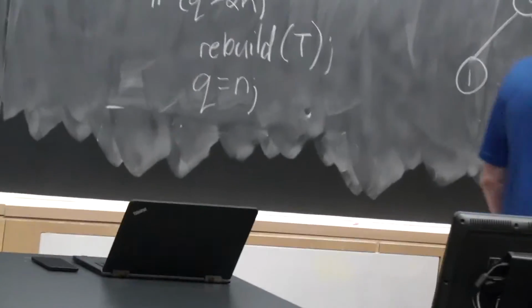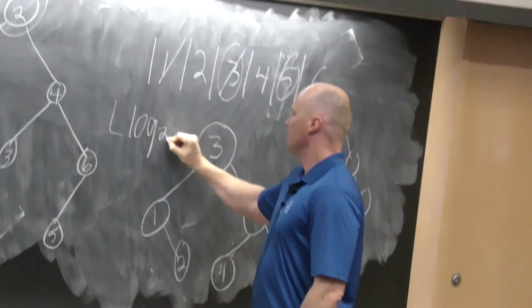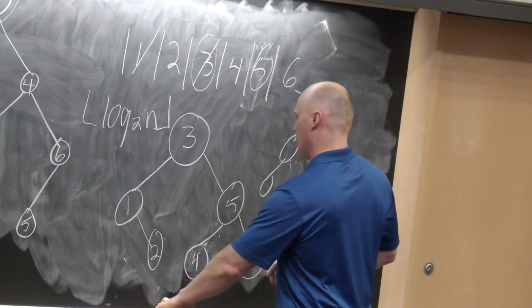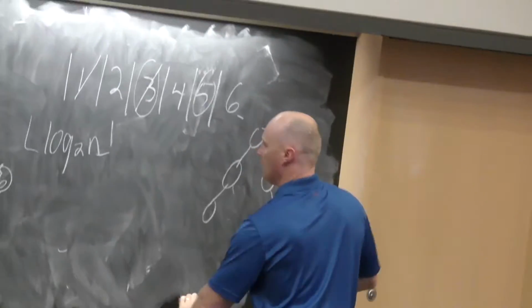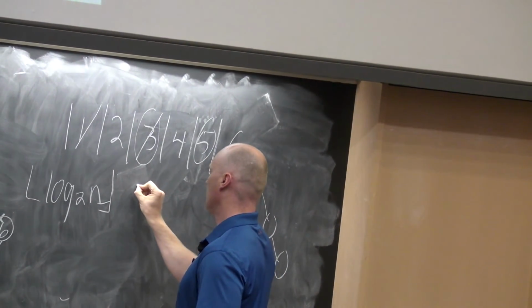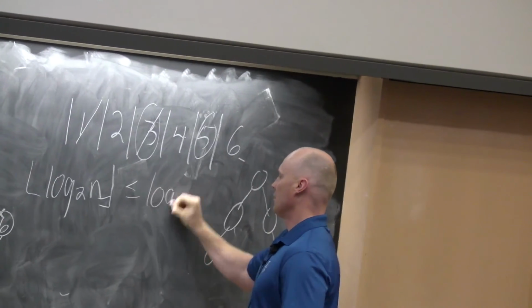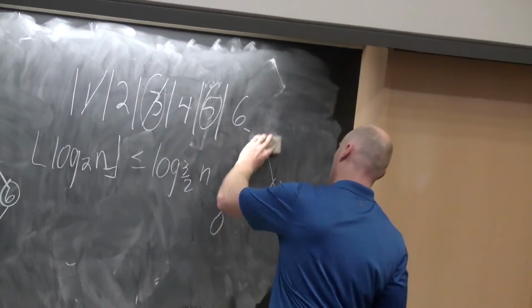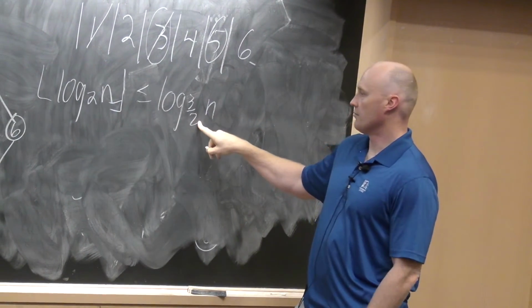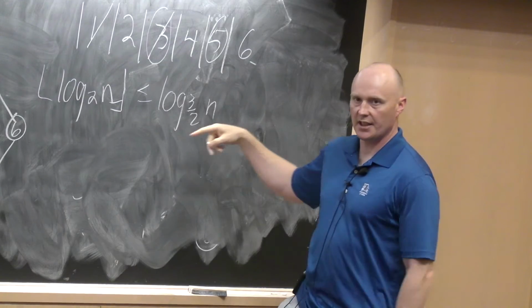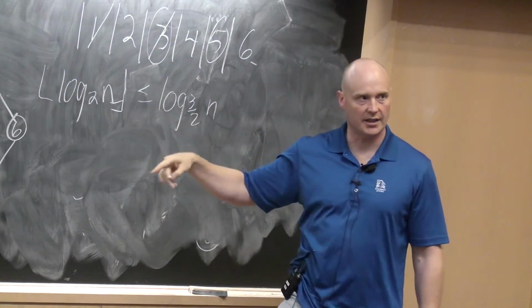And if you want to get more specific, this height is floor of log base 2 of n, and that will be at most log base 3/2 of n, because 3/2 will divide into n at least as many times as 2 divides into n.